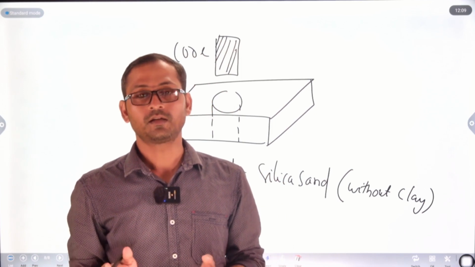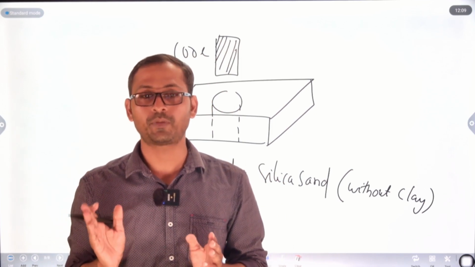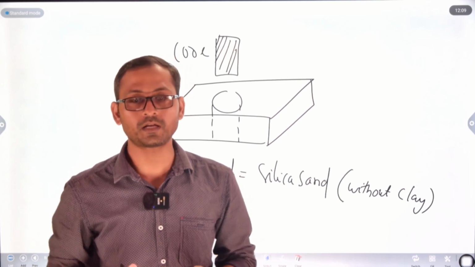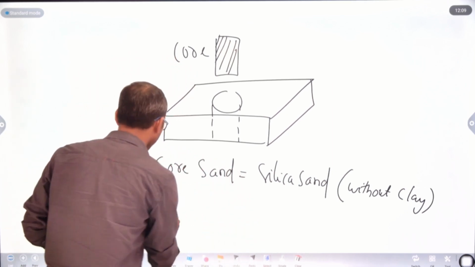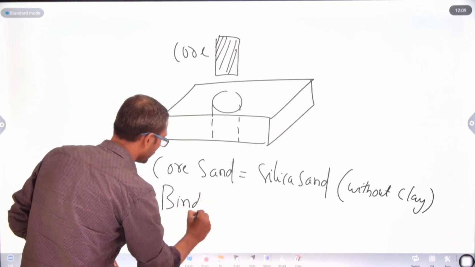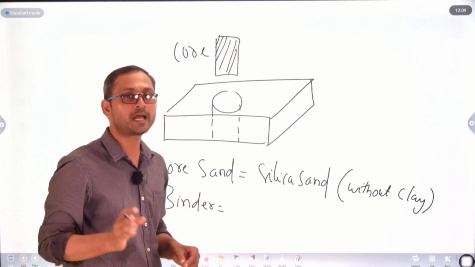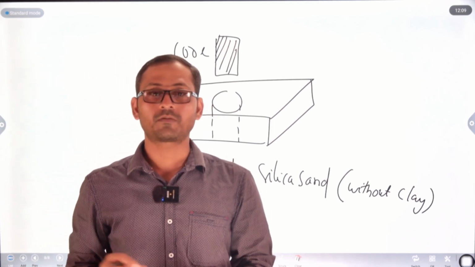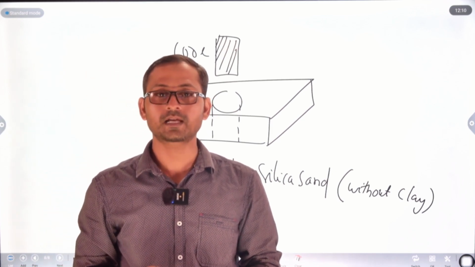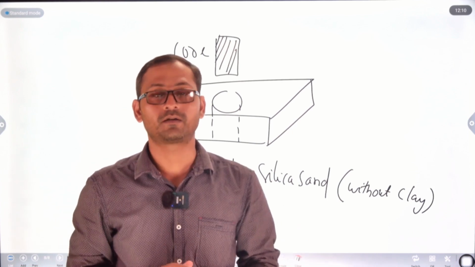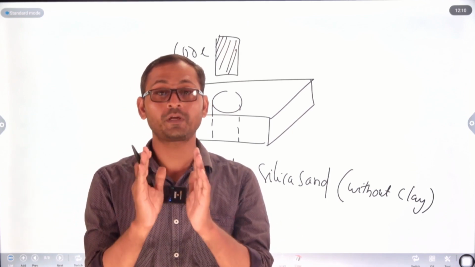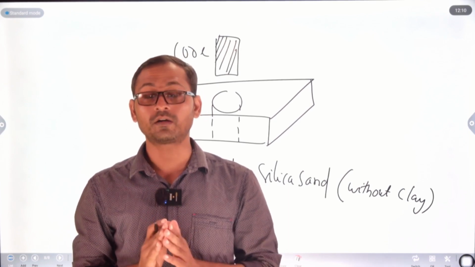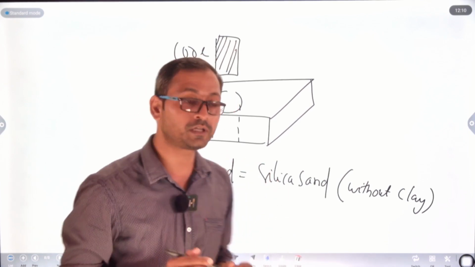And again, like the molding sand bed, we need a binder. The utility of the binder is to bind the sand particles. In the case of molding sand bed preparation, we use clay as the binder. In this case, we need a strong binder compared to clay, so that the core is strong. So what do we use here?